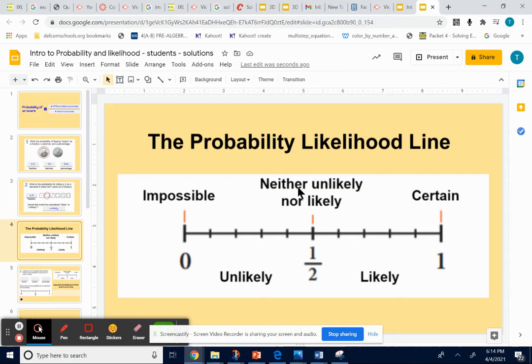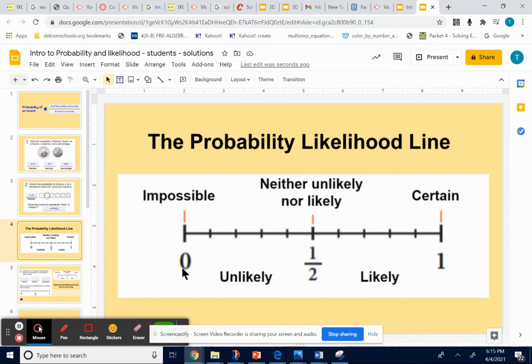So we're going to say that that's neither unlikely nor likely. That's right in the middle. But any probability that's greater than 1/2 would be likely, and a probability like 1/6, like the problem we did a second ago, would be an unlikely event. So 1/2 is neither unlikely nor likely. Less than 1/2 would be unlikely. A probability greater than 1/2 would be likely.